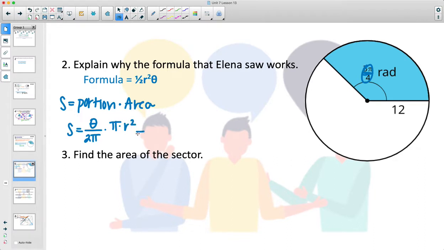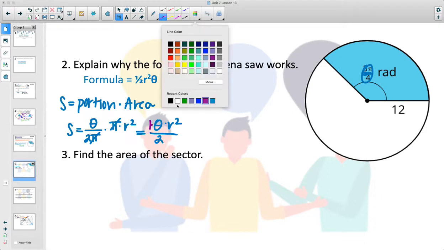So if we simplified this formula, we could cancel out these pi's because pi divided by pi is always going to be 1. Then we'd have theta times r squared on the top, divided by 2 on the bottom. And that means we have a 1 up here.